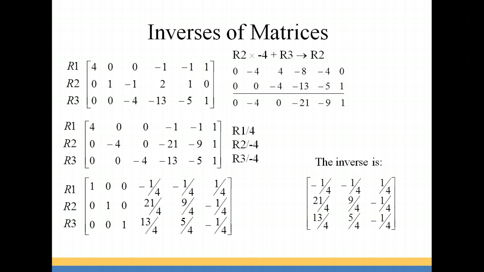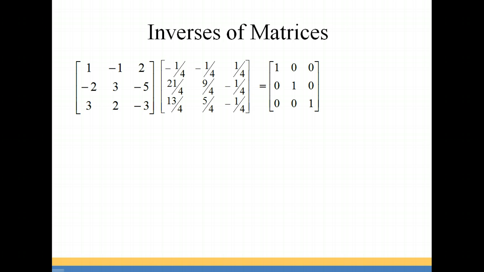Let's go ahead and verify that that is actually the inverse of the matrix that we started with. We can verify that by multiplying it by the original matrix. And when we multiply it, we should get the identity matrix. So what we're going to do is start multiplying rows by columns.